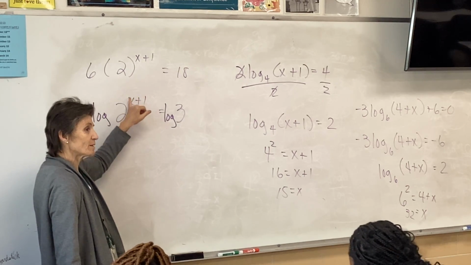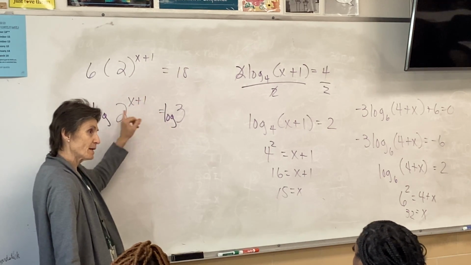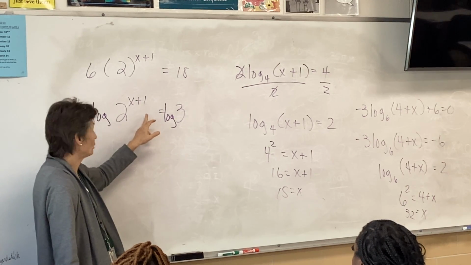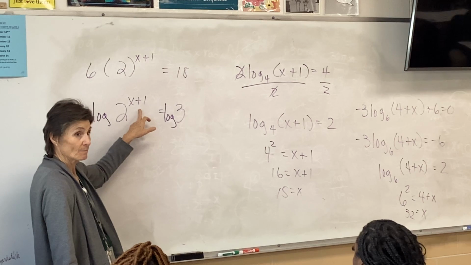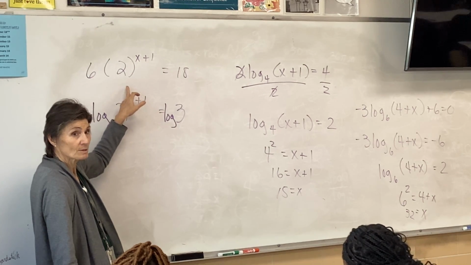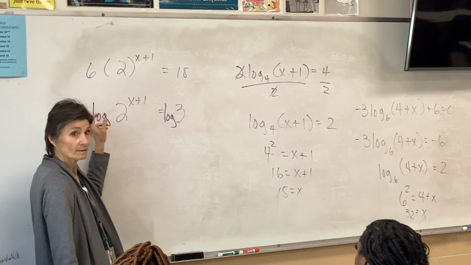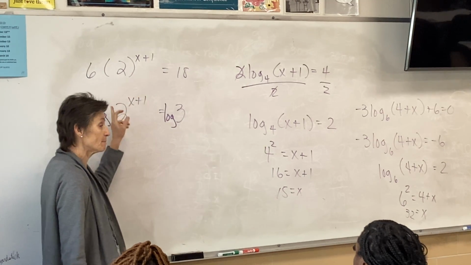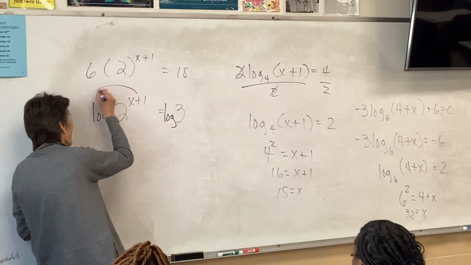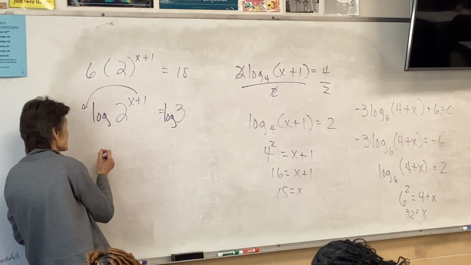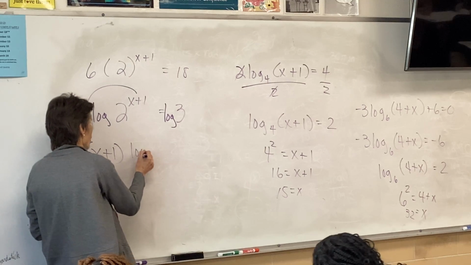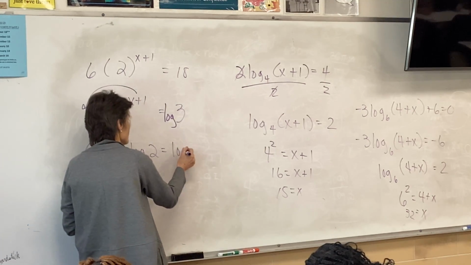What can I do with an exponent if I'm taking the logarithm of that expression? Where can I put that exponent? Out in front? Remember that? The exponent can come out in front. So I can rewrite this x plus 1 log 2 equals log 3.